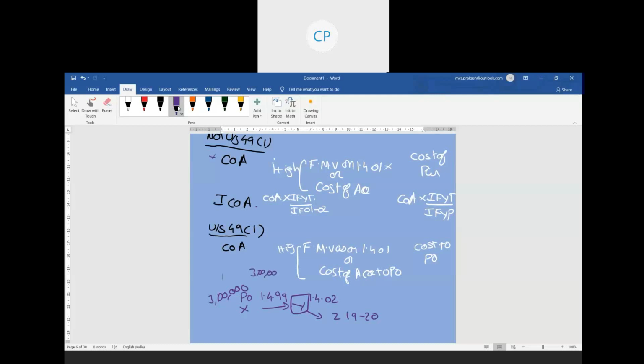So I will consider my cost of acquisition as 3 lakhs or fair market value, whichever is higher. Say for example, fair market value on 1st April is 4 lakhs. So by applying this section, whichever is higher, 4 lakhs is higher. So cost of acquisition will be considered as 4 lakhs but not 3 lakhs. This is the example for this case.